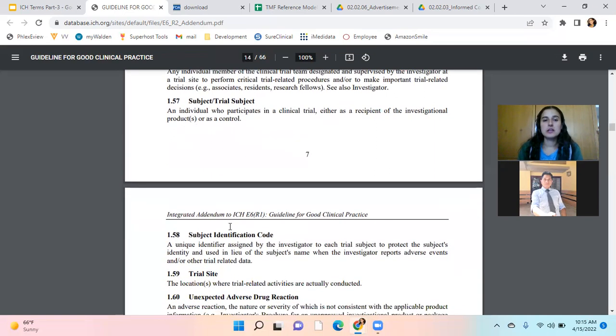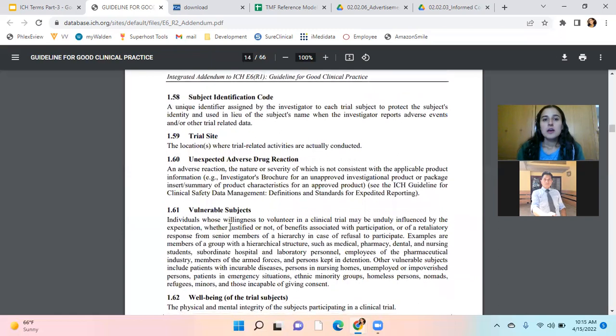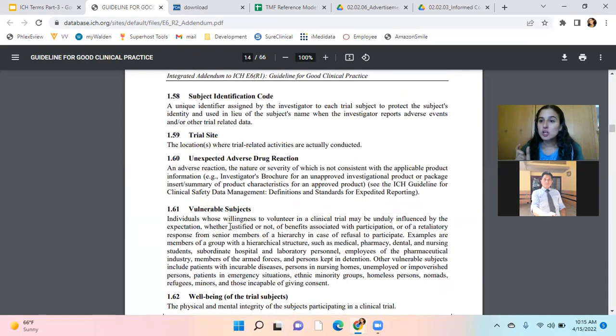Subject and trial subject: an individual who participates in the clinical trial, either as a recipient of the investigational product or as a control, which is what we talked about, right? Subject identification code: a little code given because you don't want to have the subject name, so that everything is blinded, so that people don't know exactly who's getting what, right?